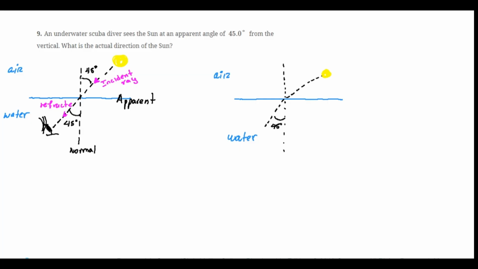What really happens here is that this is my incident ray. Of course, we know that this is the normal. And now the angle theta 1 is higher than 45 degrees.